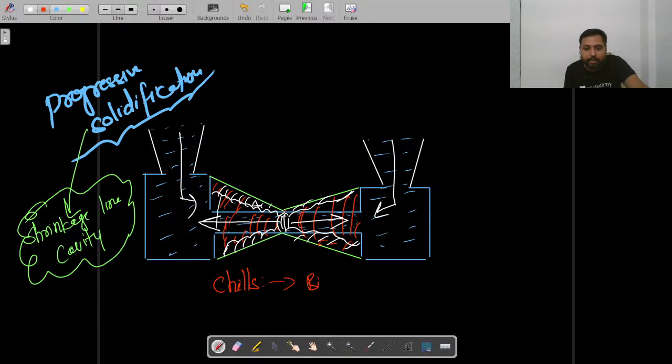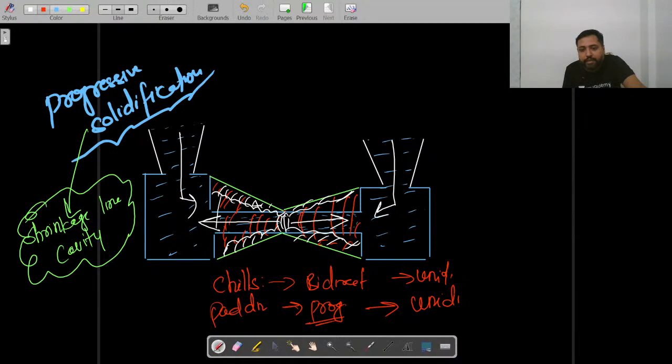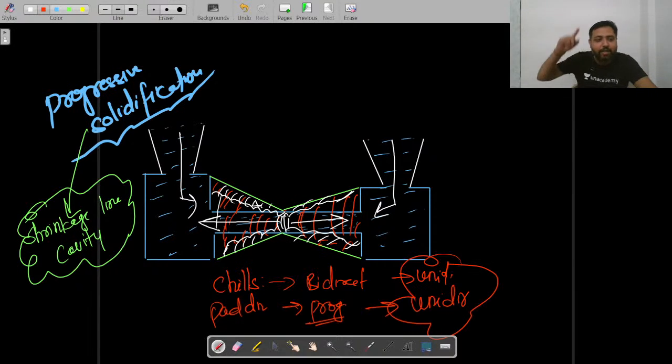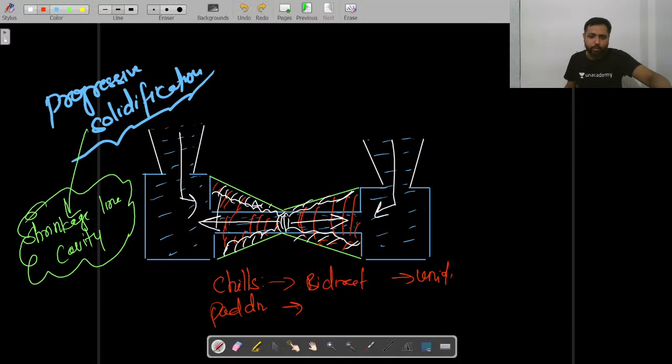Chills will convert bidirectional solidification into unidirectional solidification, and padding will convert progressive or parallel solidification into unidirectional solidification. During casting, what is best? Unidirectional solidification is best. So if the other types of solidification are happening, we will try to make it unidirectional. Yes, my dear students, no problem at all.